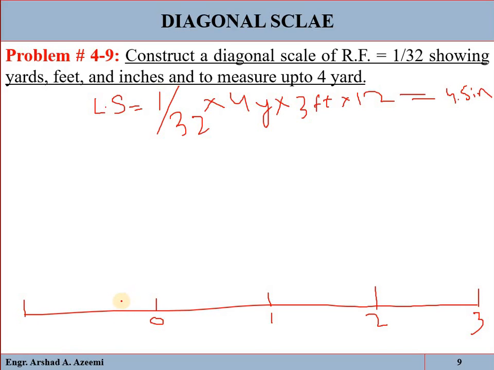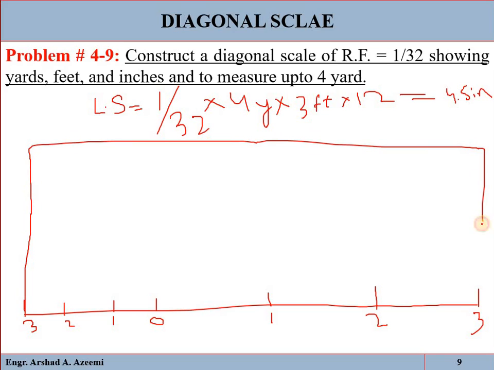Now divide the first part into 3 parts, 1, 2 and 3. So each portion will represent 1 feet because the 1 yard distance is divided into 3 parts. This one portion will represent 1 feet. Now just draw here a perpendicular line of any length and divide that perpendicular line into 12 equal parts.